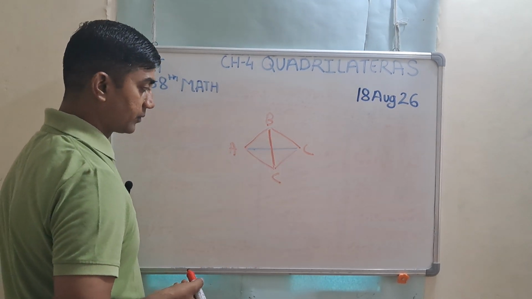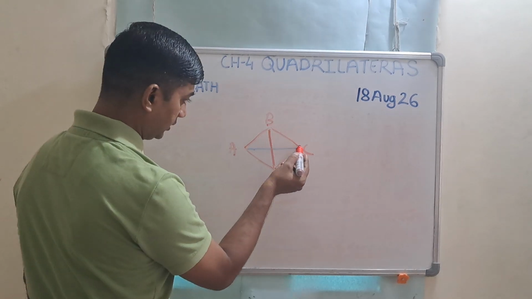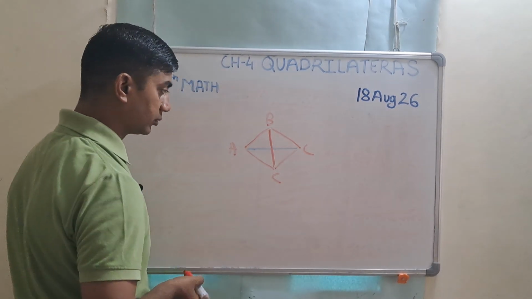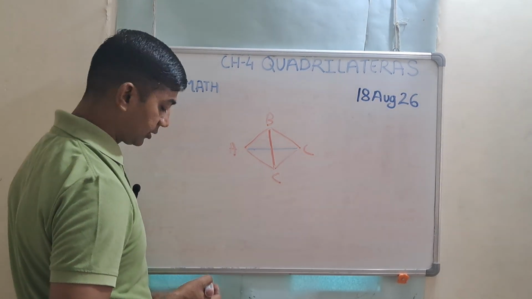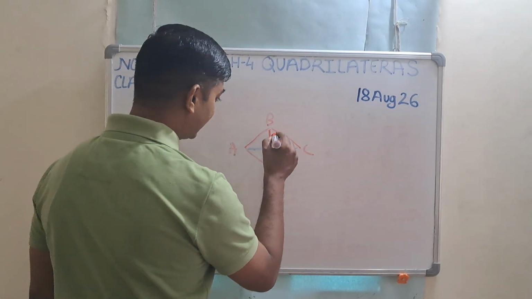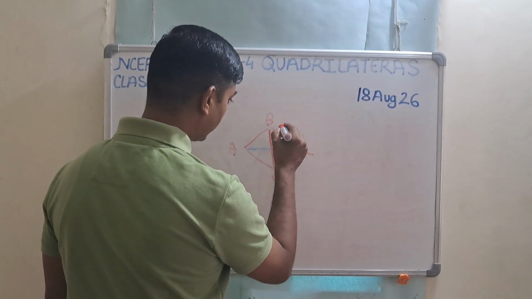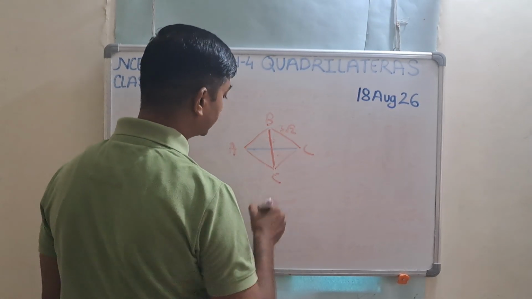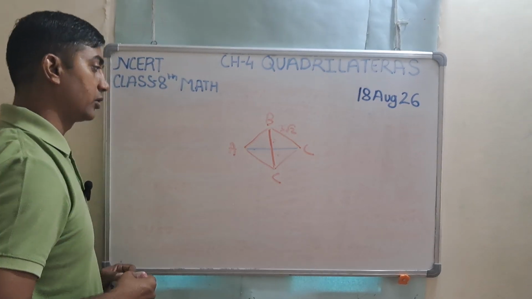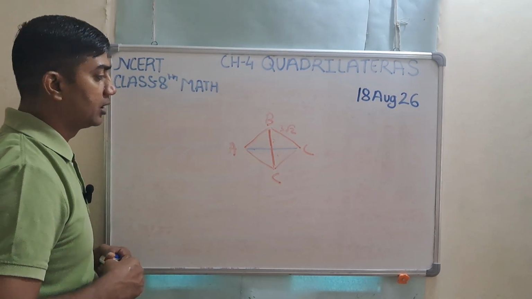Now this length you can also find out, understood? By using the Pythagoras theorem, this is 3, this is 3, so this will be 3 under root 2.